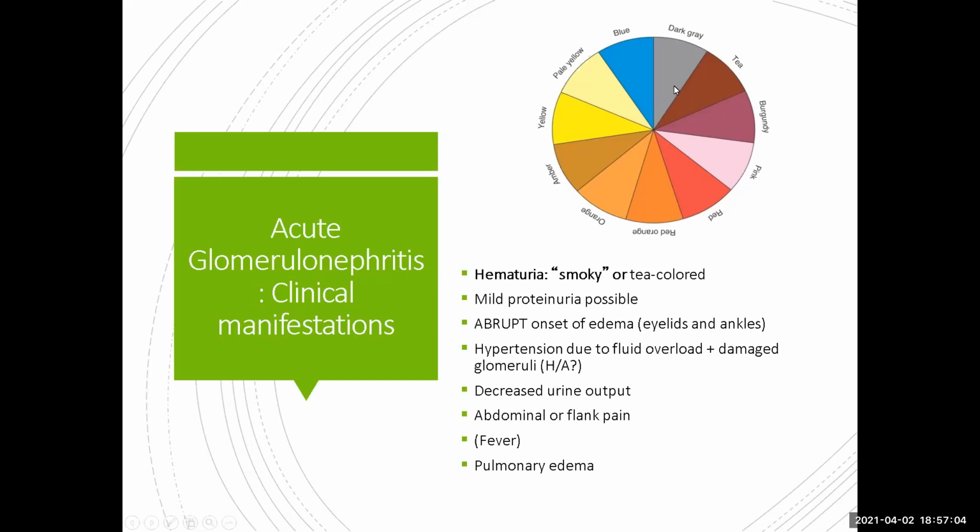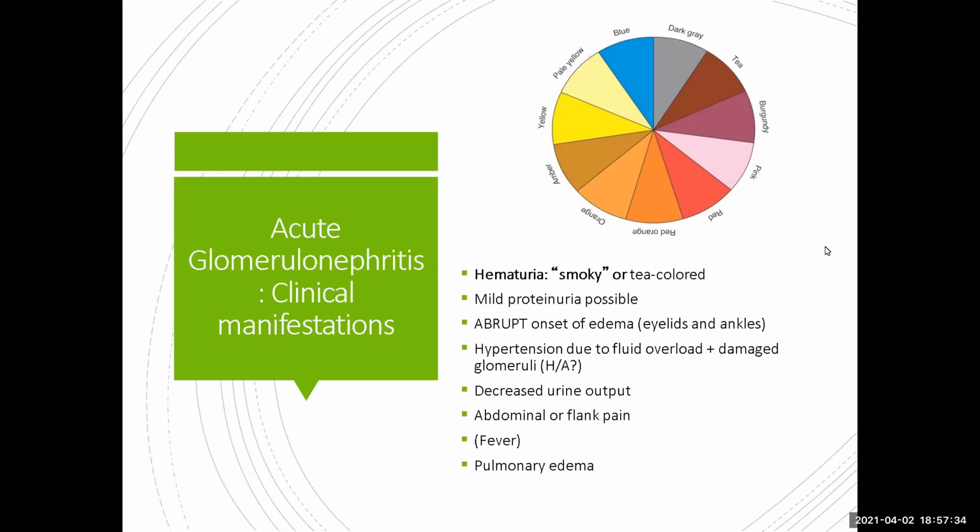Yeah, I'm thinking it's probably because these are broken down red blood cells. The blood cells are kind of breaking down. And to me, red is acute, like something injured the kidney, or the bladder. And so that's why you would be getting red, right? So mild proteinuria is possible.